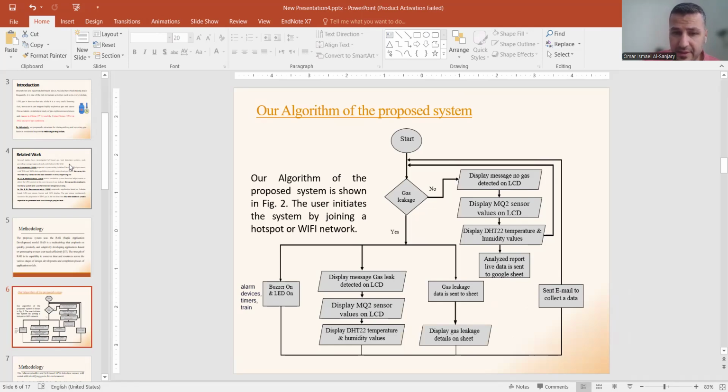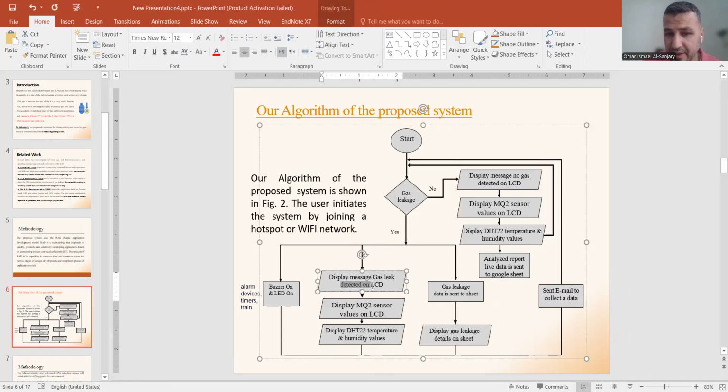If yes, there are three steps. First, check whether gas leakage is detected. If detected, besides the detection, there is a buzzer on and an LED on.